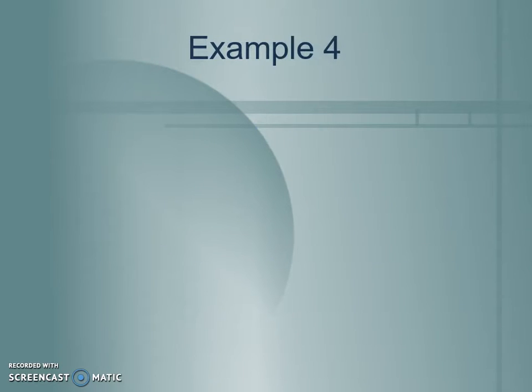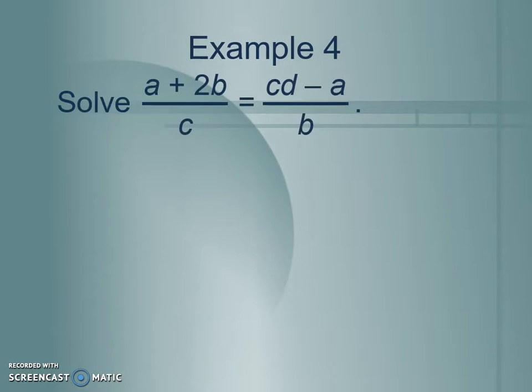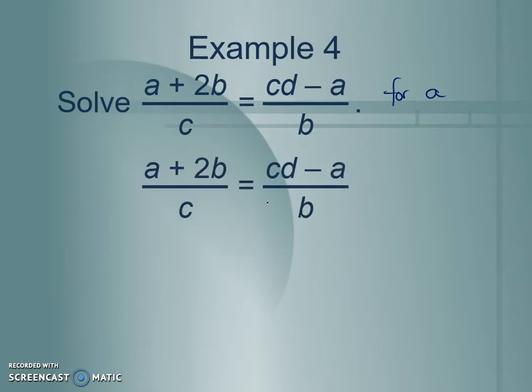So example 4, which is on the bottom of page 95. So we have: solve (a plus 2b) over c equals (cd minus a) over b. And it doesn't say that here, but we are solving this for a. So first things first, we have denominators, and we want to go ahead and get rid of those.